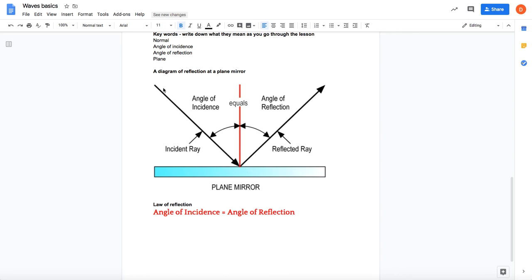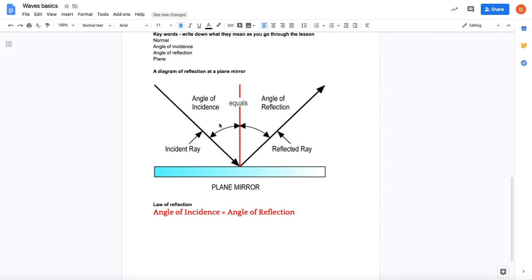So if we were to shine light in to where the mirror and the normal meet at this point, and we were to plot the ray as it comes in and the ray as it comes out, and measure these two angles, the angle between the incident ray and the normal, which we call the angle of incidence, and the angle between the reflected ray and the normal, which we call the angle of reflection, we would find that those two angles were always the same.